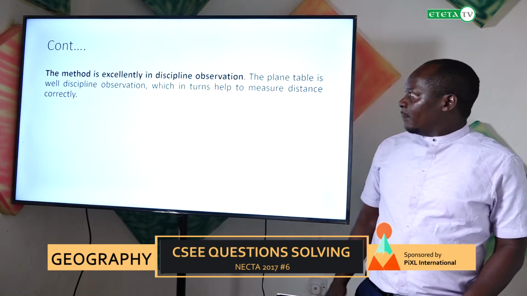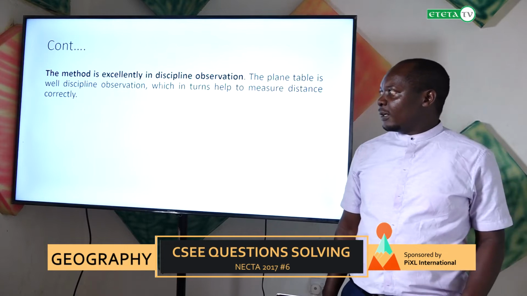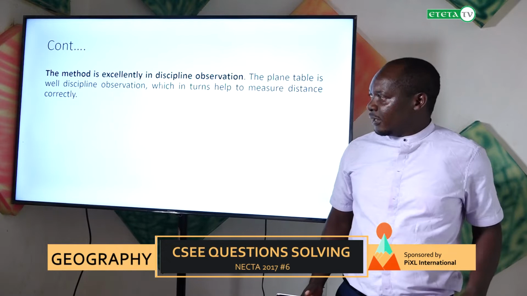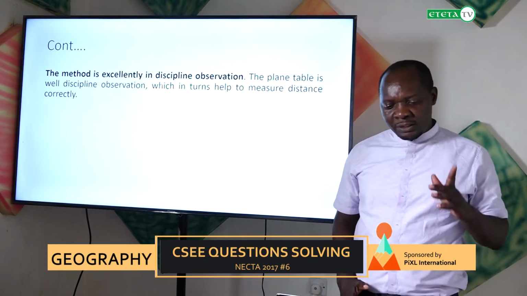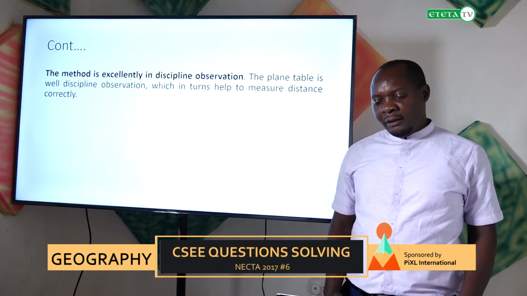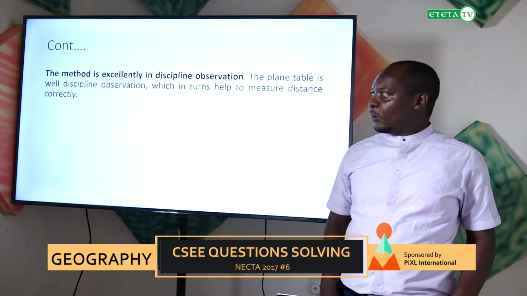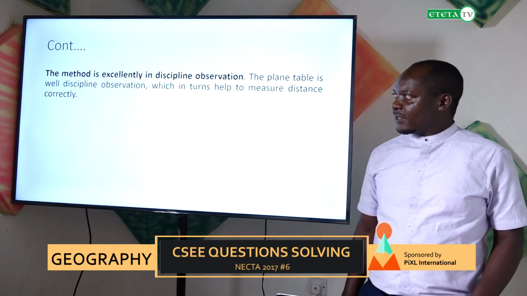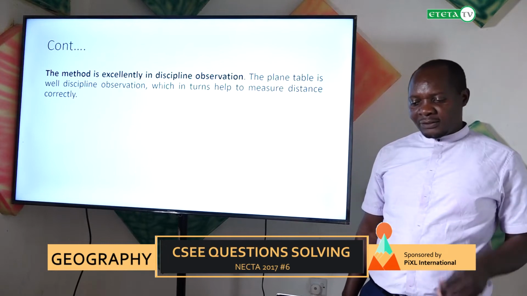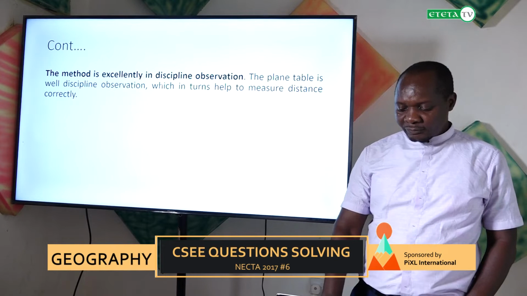The plain table survey is disciplined in terms of its observation, which in turn helps to measure distance more accurately. It requires more discipline, but it gives more accurate measurements. That is number 1 of the significance.